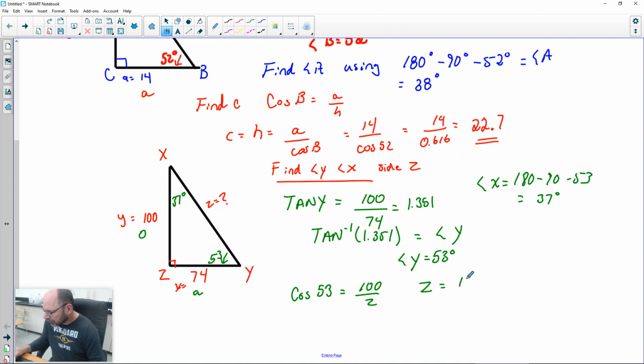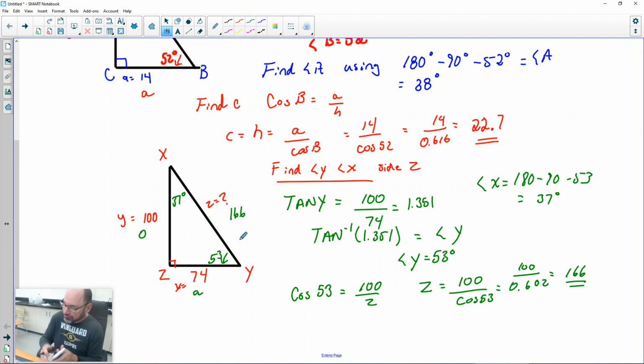So Z is 100 divided by the cosine of 53. Cosine of 53 on the calculator gives us 0.602, and then we divide it into 100. That's about 166, which makes sense, as that's always the largest side.